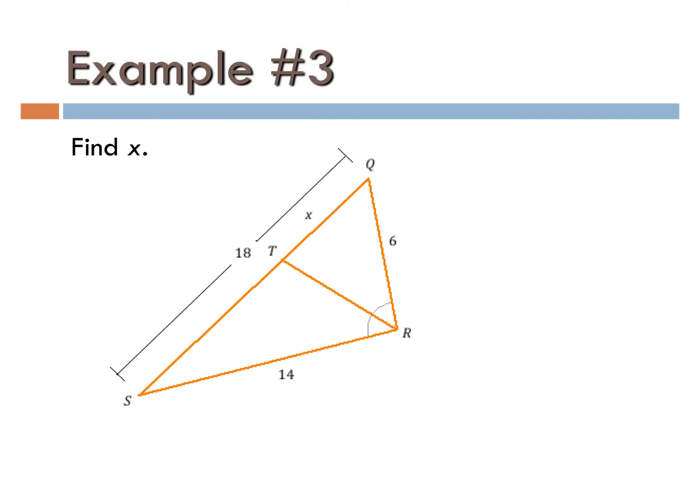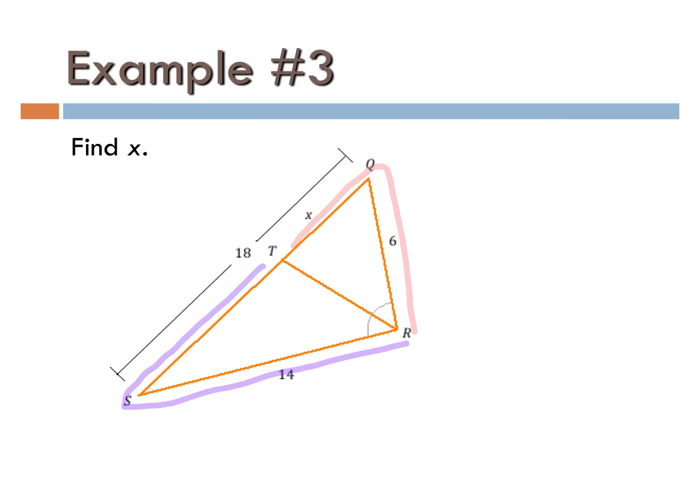Example 3 here, we want to find the value of x. So again, we are given a big triangle, and I see that what we have is an angle bisector because we have these arcs that are shown to be congruent. So therefore, I know that the sides become proportional with the cut up third side.